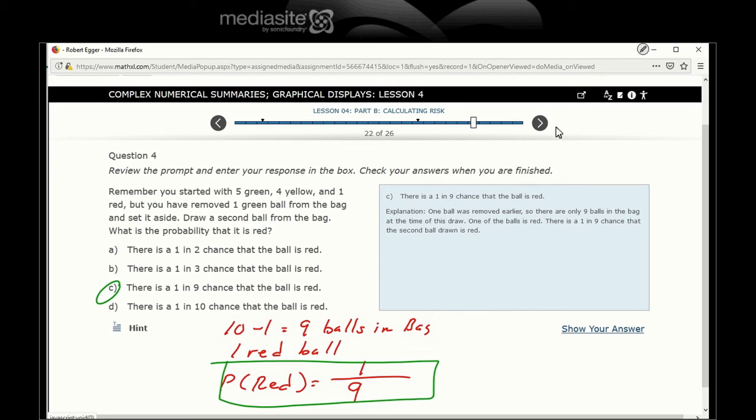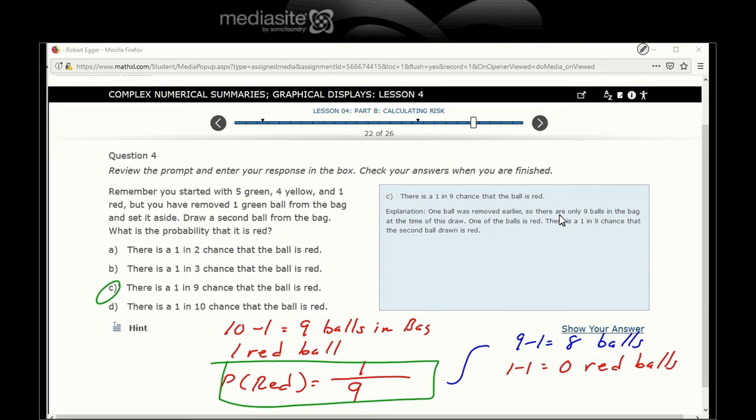Got it? So what now? Now we have 8 balls left in the bag. We have 0 red balls.